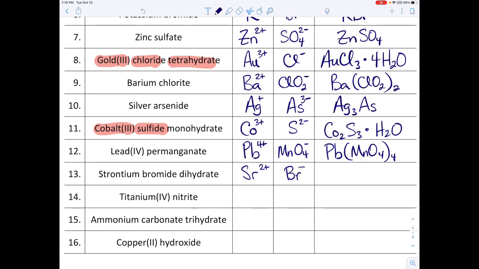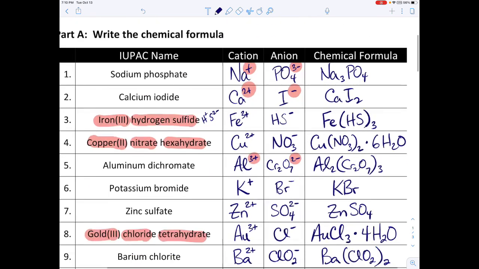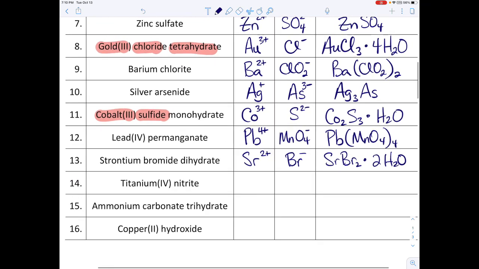A 2 positive and a 1 minus will take one of the strontiums and two of the bromides to cancel out that positive charge, so SrBr2. Now look at the dihydrate, so we put a dot. For every SrBr2, there are 2 water molecules, so dot 2H2O.